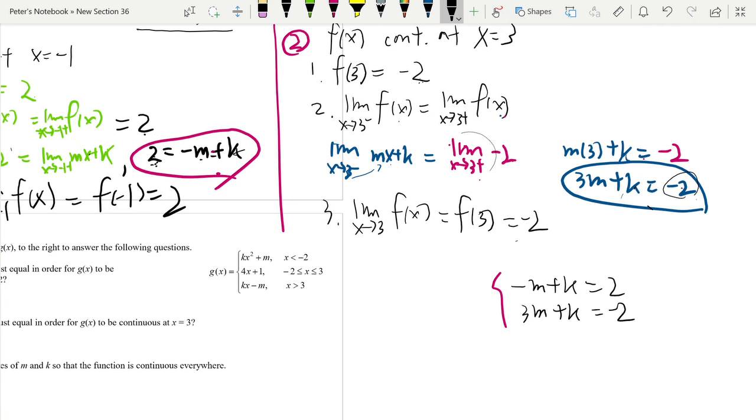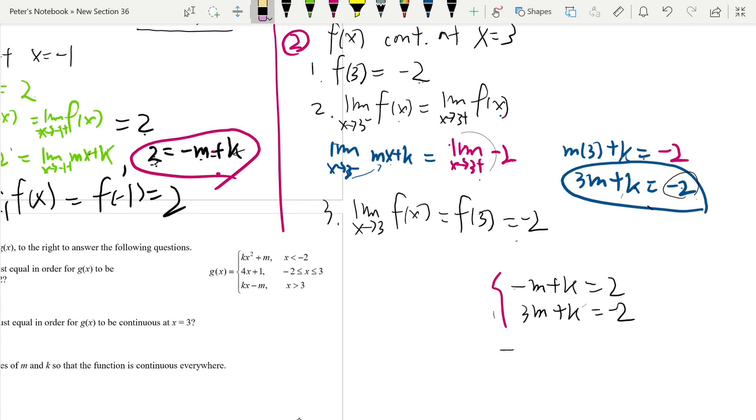But here, what I'll do is subtract that guy. So what happened to get rid of the k, basically, right? So when I do that, just be careful. So there will be -m. You have to do the distribution properly. -m minus 3m gives me -4m, right? Or you know what? I don't want to confuse you.